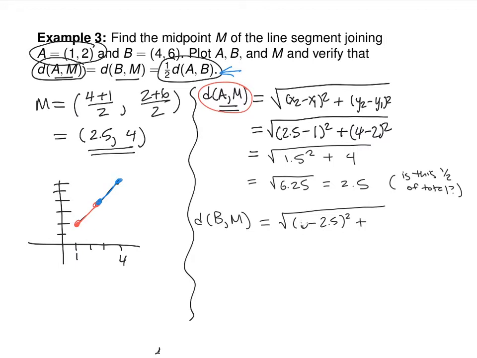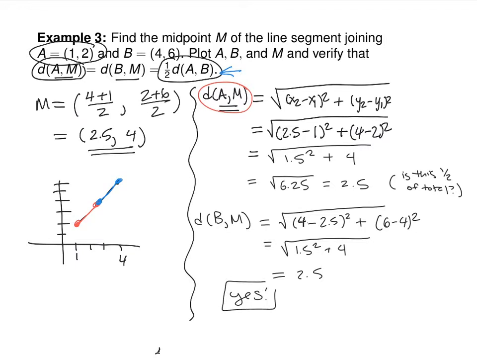Sorry, I don't mean to be extra confusing. 4 minus 2.5 squared plus 6 minus 4 squared. It's going to be the same thing, isn't it? 1.5 squared plus 4, so we know that's going to be 2.5. So yes, you got the middle.